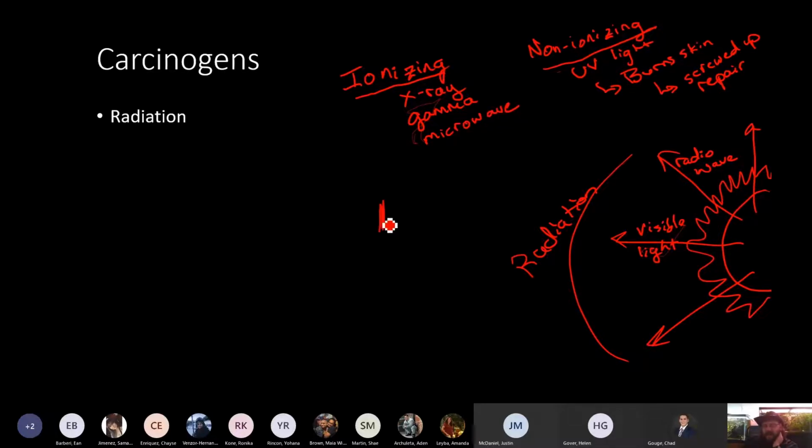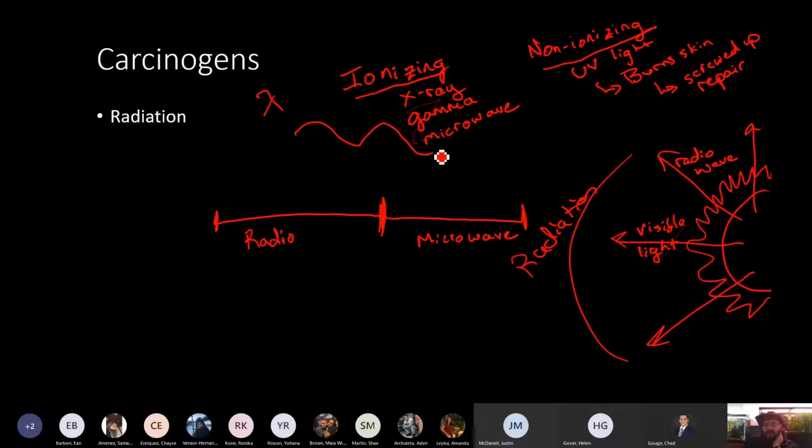It is worth noting that when you look at the scale of places where you find types of radiation, we measure the type of radiation it is based on something called the wavelength. So energy travels in waves like that.